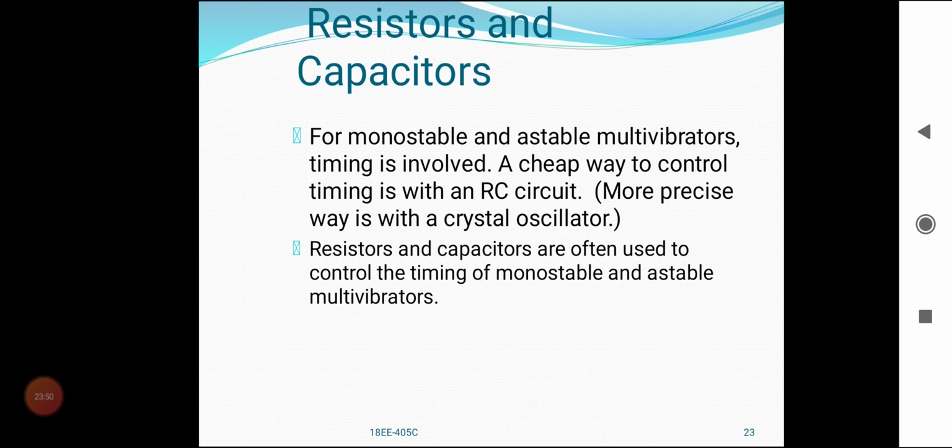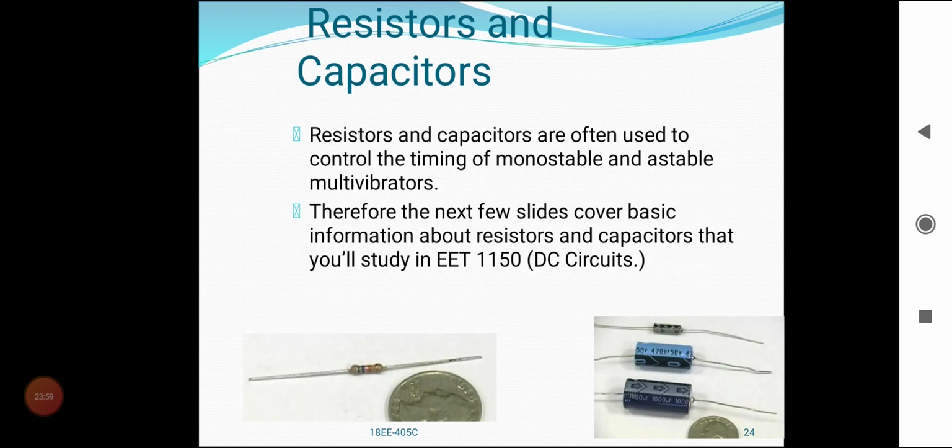Resistors and capacitors are often used to control the timing of monostable and astable multivibrators. Therefore, the next few slides cover basic information about the resistors and capacitors that you will study in EET 1150 DC circuits.